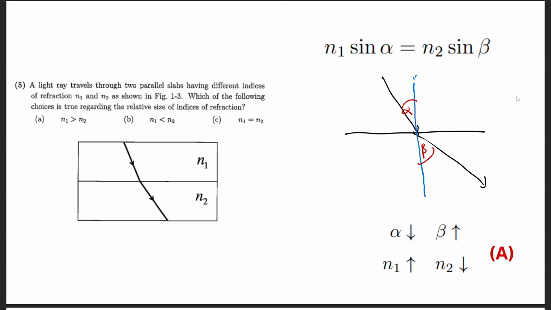From this equation we know that alpha is obviously smaller than beta. Because alpha is smaller, n1 is bigger, since alpha and n1 are inversely proportional, and since beta is bigger, n2 is smaller, since they are inversely proportional. So we can write that n1 is bigger than n2, and the answer is A.